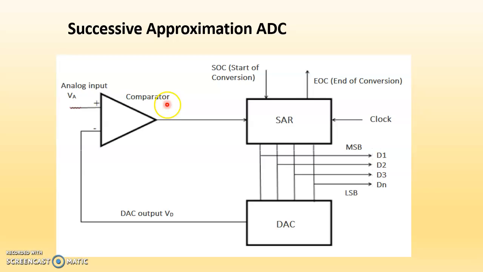So it will be high or low, depends on the condition. And then SAR will generate the digital output from their output. In response to this comparator, the MSB, the most significant bit, and the LSB will be generated. So whenever the comparator will generate the high, it will give D1 as a high, and whenever the comparison between these two will be low, then it will generate the low signal at the output.